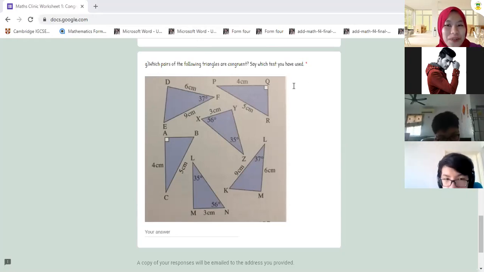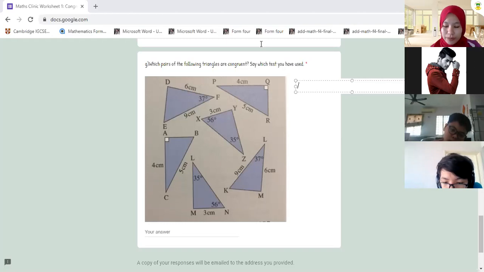If you don't remember, please be informed that a triangle, you can tell it is congruent if they follow certain rules. I will use the notes. Wait, yeah, I'll try to connect it.